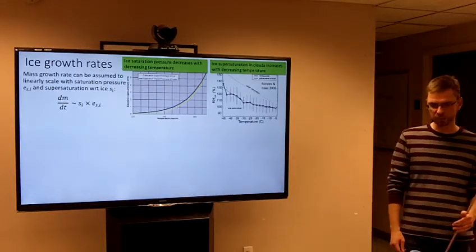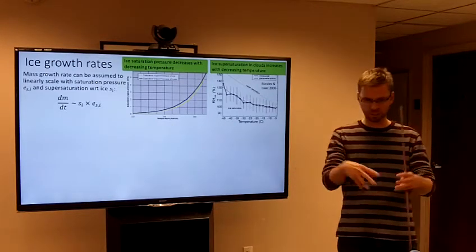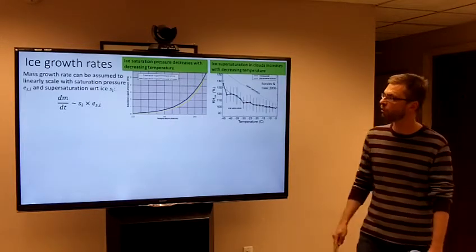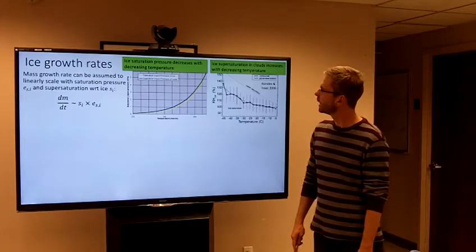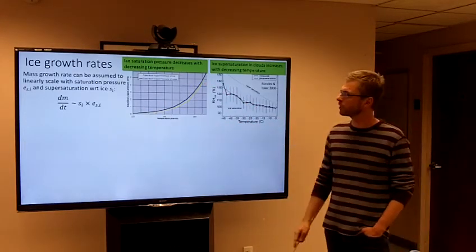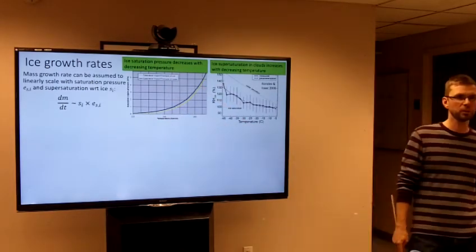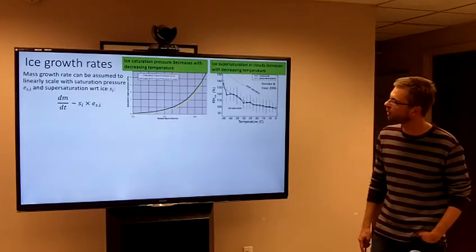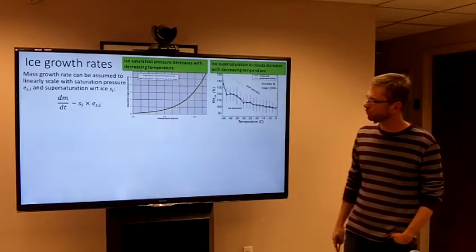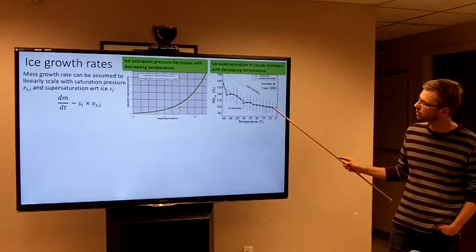So that is really how much ice condenses on the surface at a certain level of supersaturation. And this vapor pressure, saturation pressure over ice, that's an easy calculation from the Clausius-Clapeyron formula. And then the supersaturation over ice is taken from the measurements shown here.